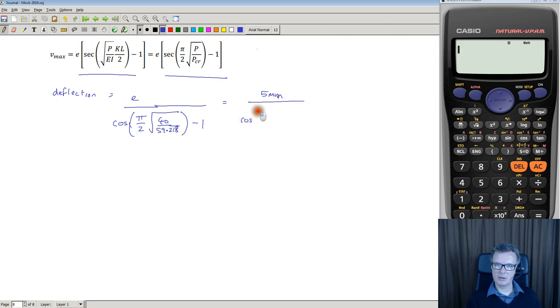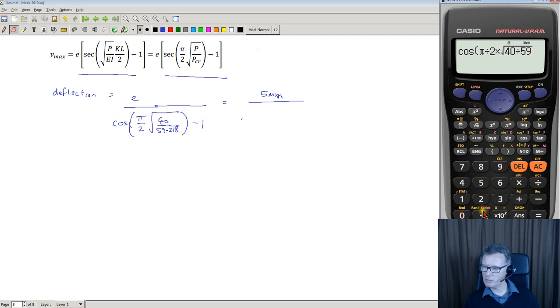And cos, let's find this first. Should put this in my calculator. Cos of pi divided by 2 times the square root of 40 divided by 59.218, and I'll just do that for now. Right, why am I going to get a negative answer?